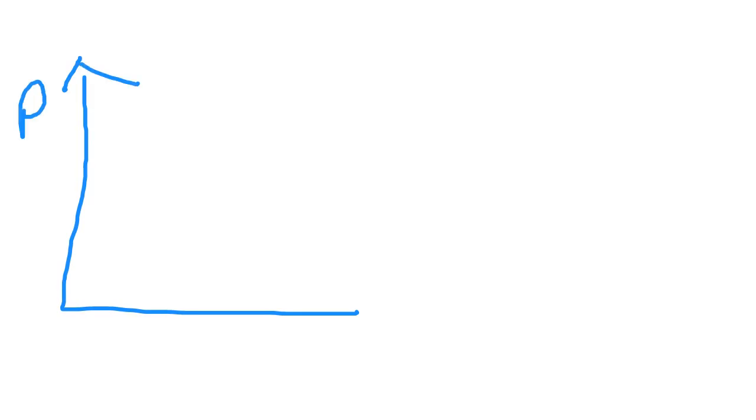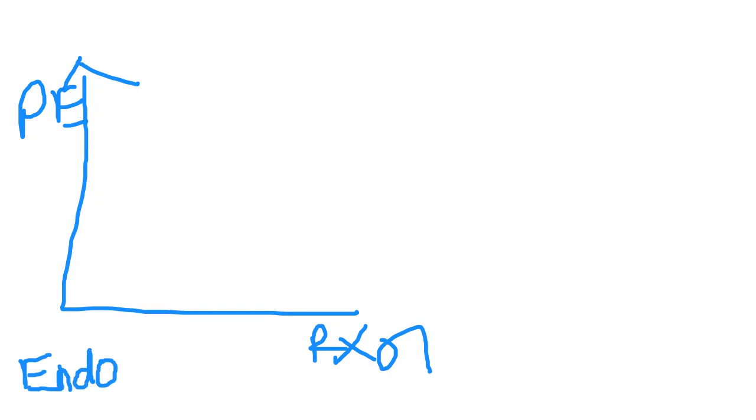Now, a similar kind of graph, the potential energy versus the reaction coordinate, for the endothermic reaction. Here, writing with the mouse is difficult.